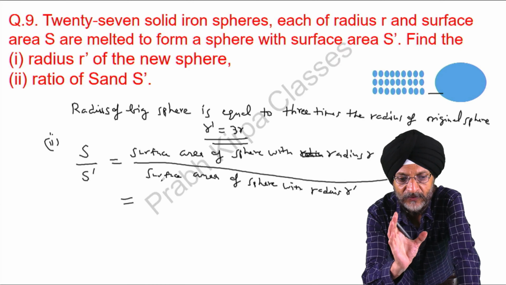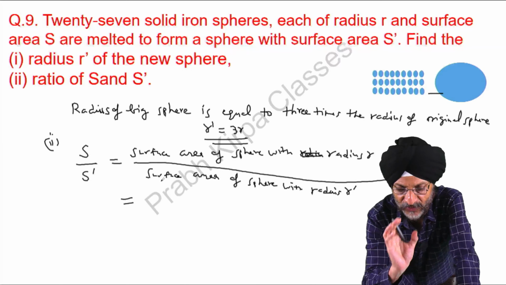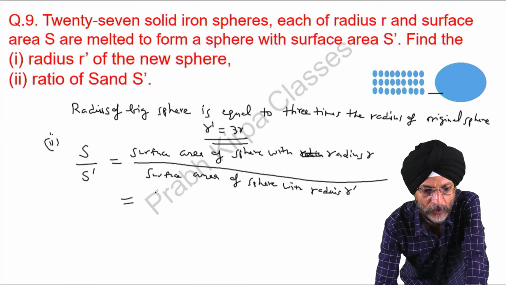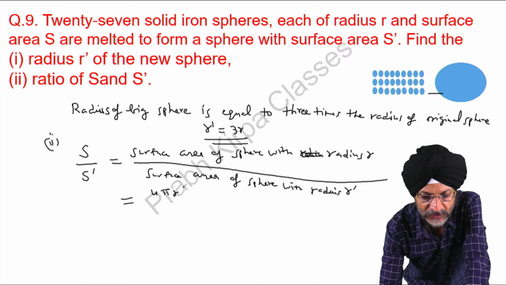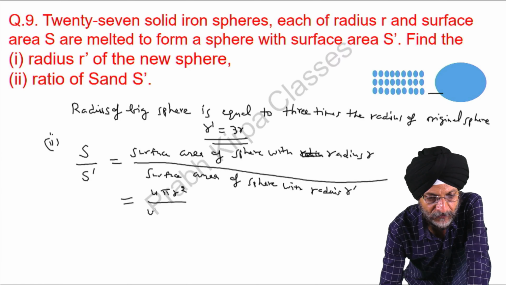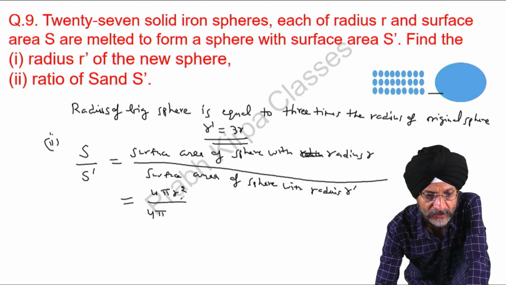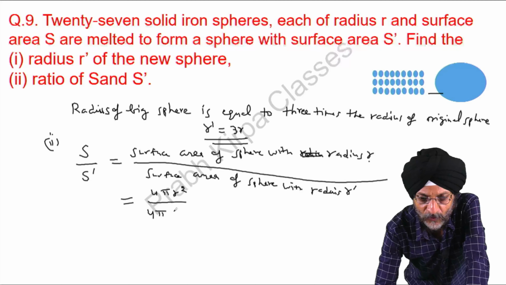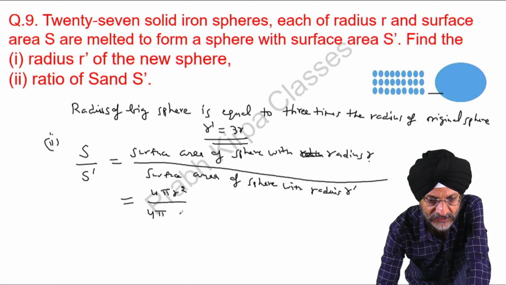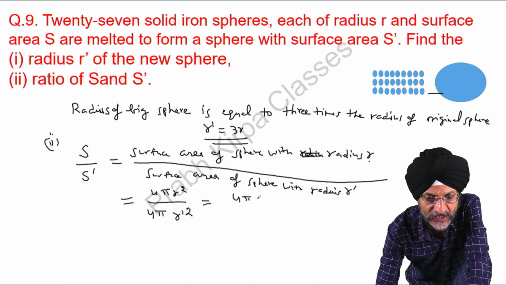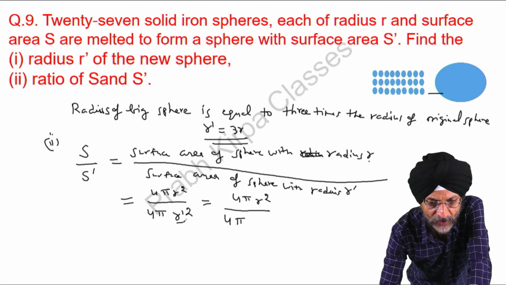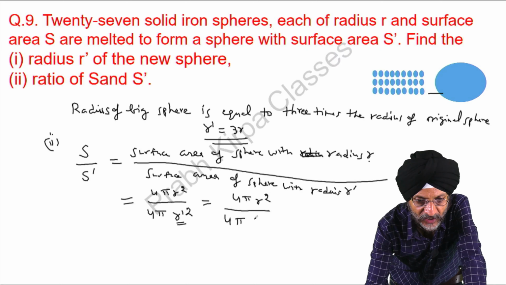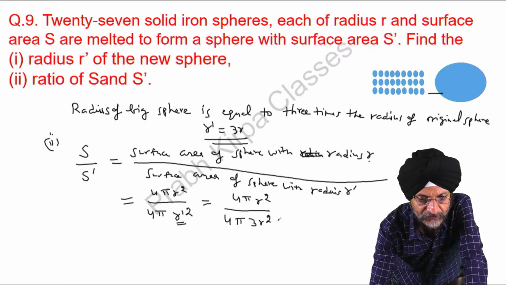What is the formula for calculation of the surface area of a sphere? It is 4 pi r square. Here the radius is r, and here the radius is r dash. So it will come as 4 pi r square over 4 pi r dash square. What is the value of r dash? It is 3r. 4 pi will be cancelled with 4 pi.